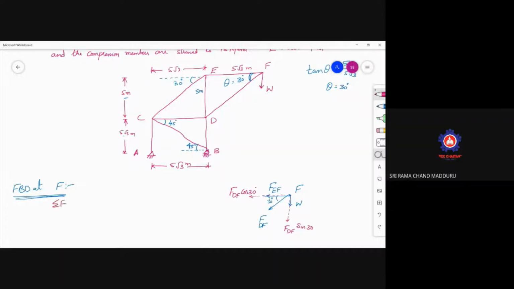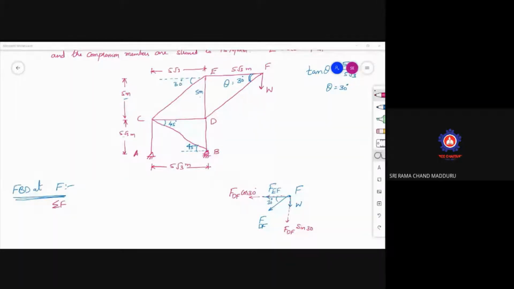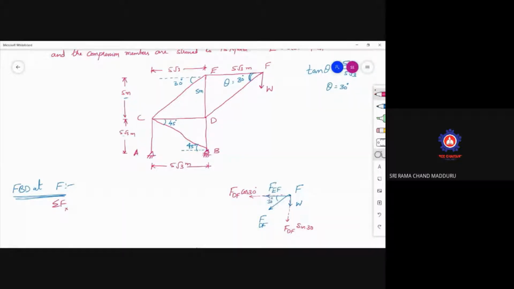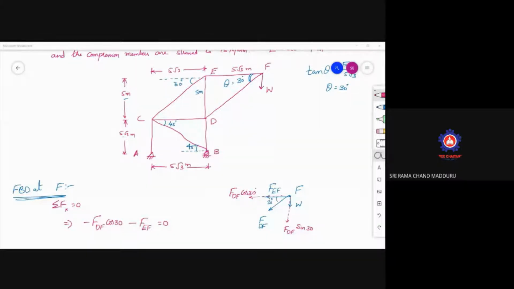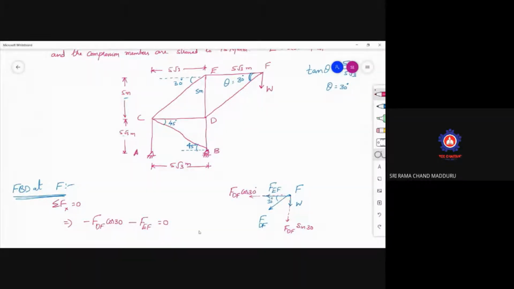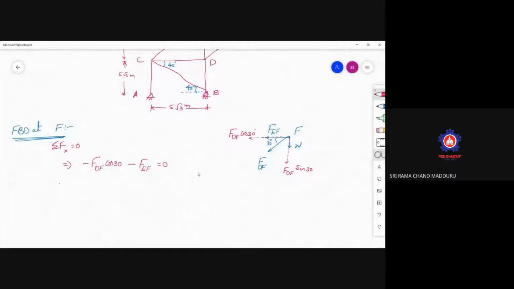Now sigma Fx is equal to 0. Now this is minus F DF cos 30 minus F EF equal to 0. Whereas here sigma Fy is equal to 0.